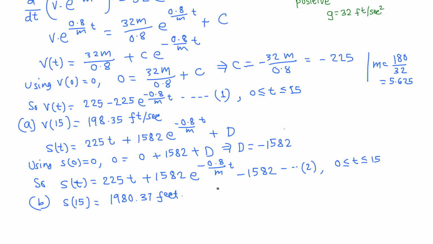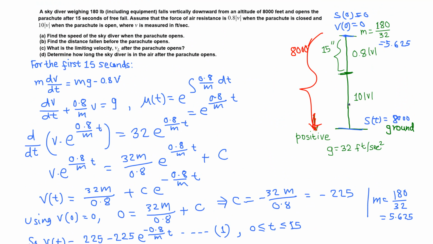Now we move to the second part, and for the second part of the motion, that starts after 15 seconds. So for the second part, the initial velocity will be the velocity after 15, that means v0 in this case. The initial velocity is what we found, v(15), 198.35, and we found the distance fallen after 15 seconds.